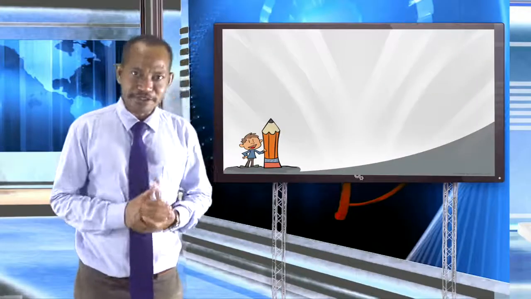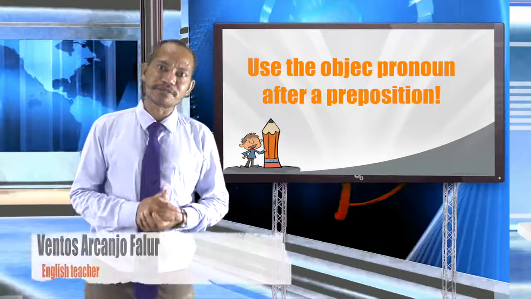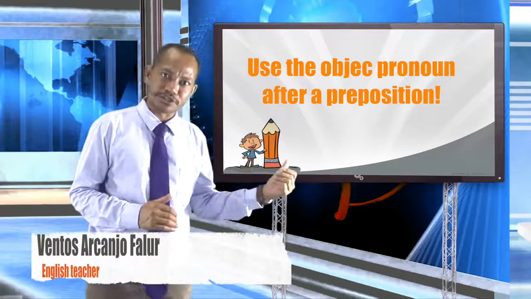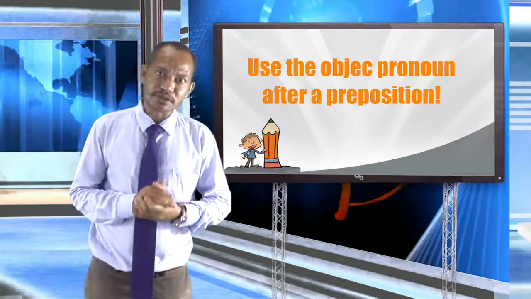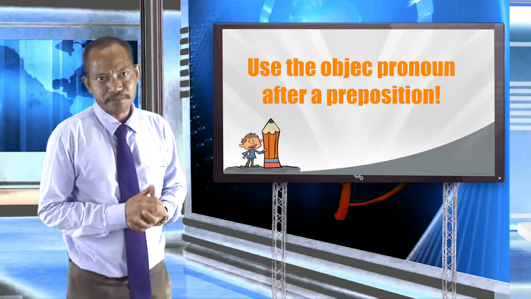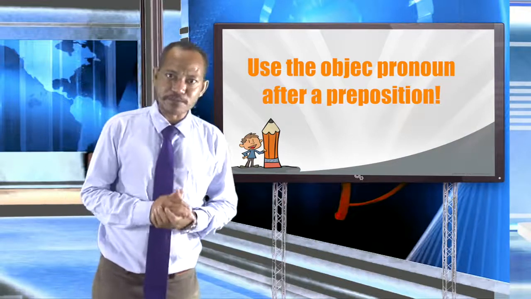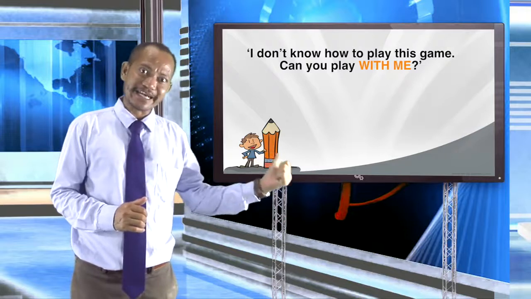Okay, as I mentioned earlier in this lesson, we can also use an object pronoun after a preposition, which serves as the object of a preposition, or the object of a verb, or the object of a sentence. Please refer to these example sentences. I don't know how to play this game.